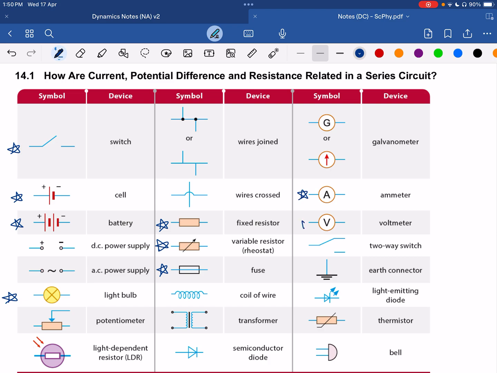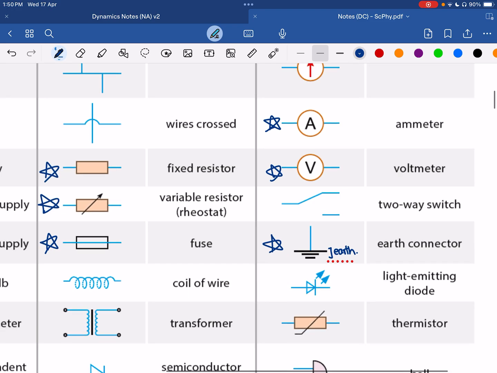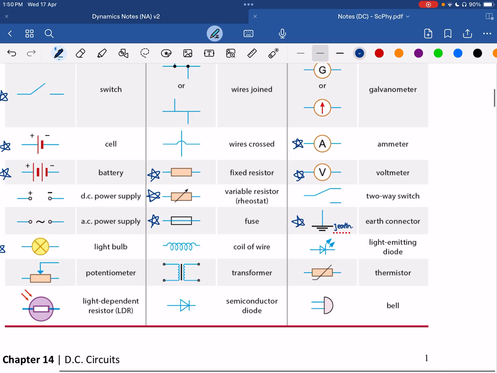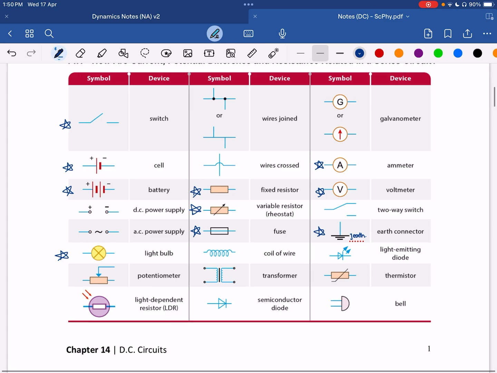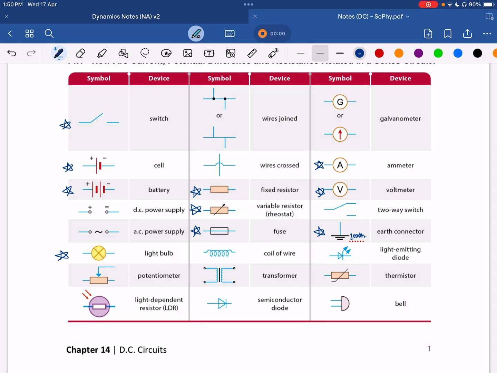An ammeter, a voltmeter, and also this thing that's called earth connector. These three lines represent the earth, or basically the action of providing a path with least resistance for the current to flow. So these few are the ones that you must remember.